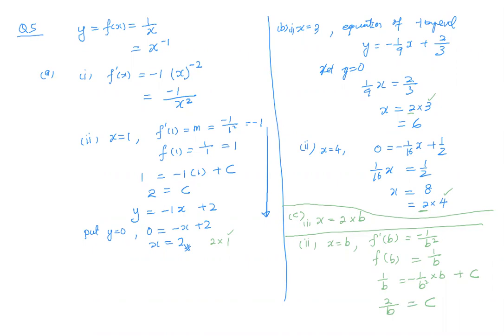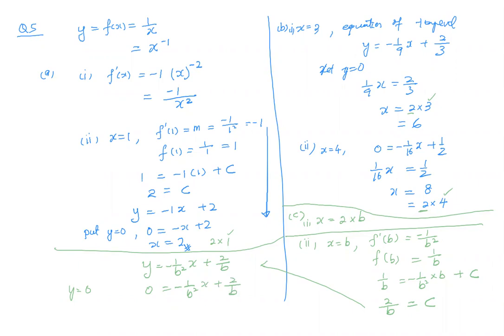Yeah. So I try to do it over here. I don't want to go to the next page. So my y will be equal to negative 1 over b squared x plus 2 over b. y equal to 0. You repeat. Okay.